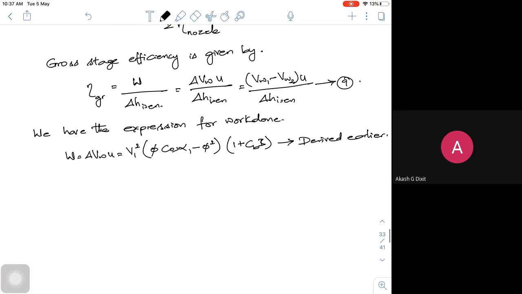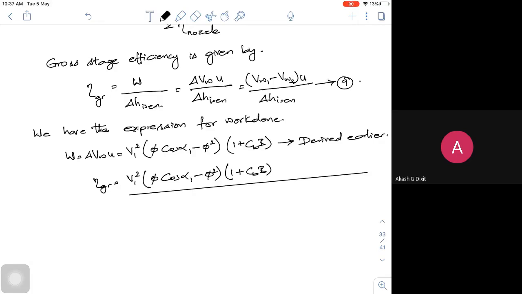Substituting this work done in my gross stage efficiency, what am I going to get? Your gross stage efficiency is given by V1 square into phi cos alpha 1 minus phi square into 1 plus CB into B, divided by your isentropic enthalpy drop. What is that isentropic enthalpy drop?